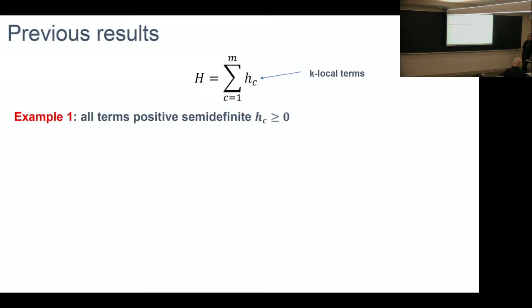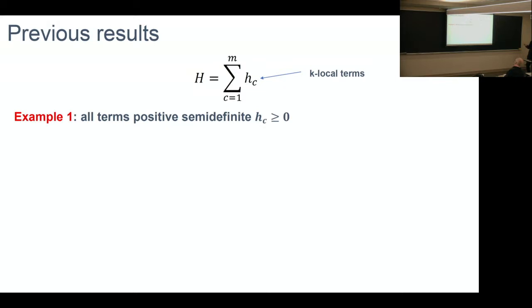So let me mention some previous results. There are a few different settings where you can study this problem, and there are different answers to these questions. One setting is you could consider Hamiltonians where all the terms are positive semi-definite. This is not the case of traceless Hamiltonians.